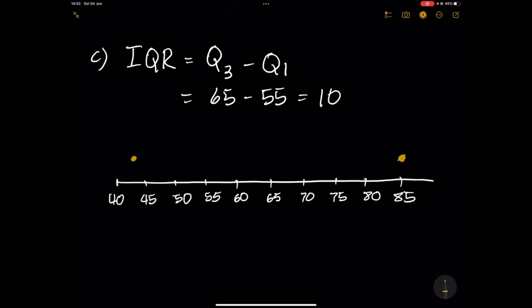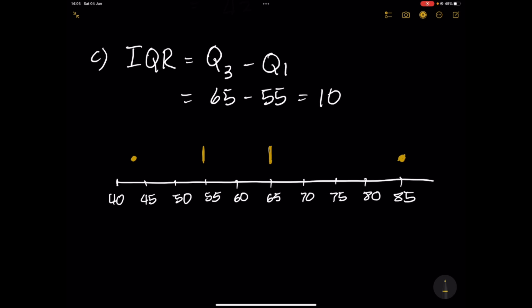And then we also had our Q1 value. Remember that Q1 was at 55, so I'm going to put Q1 over there. And I've got my Q3 value, which was 65, so I'm going to put it there. Of course, please try and make it as neat as possible.